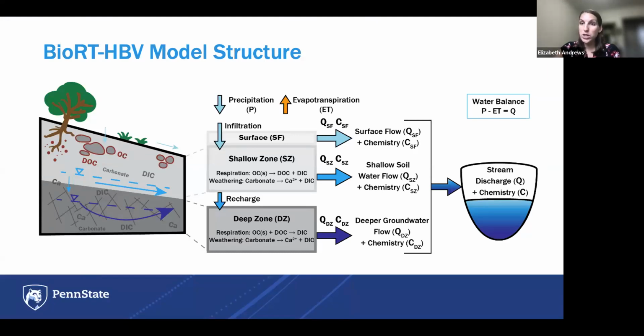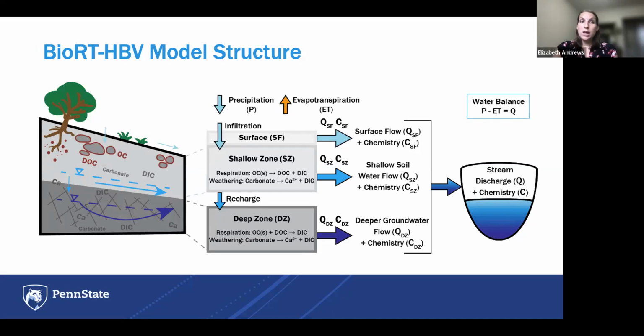Fluid and solutes can leave that shallow zone, or they can also infiltrate further into the deep zone, which is like deep groundwater. And again, we can have solutes and fluid leaving that zone.